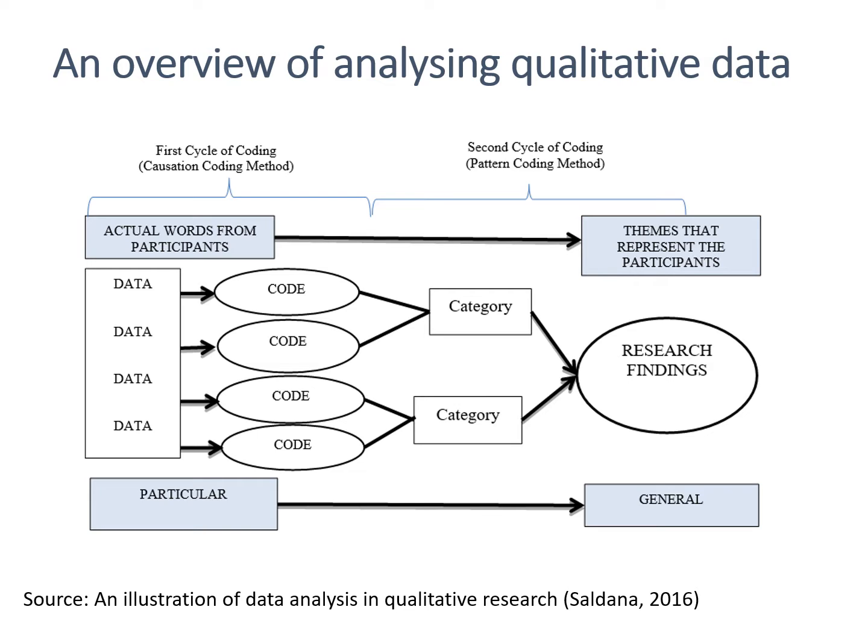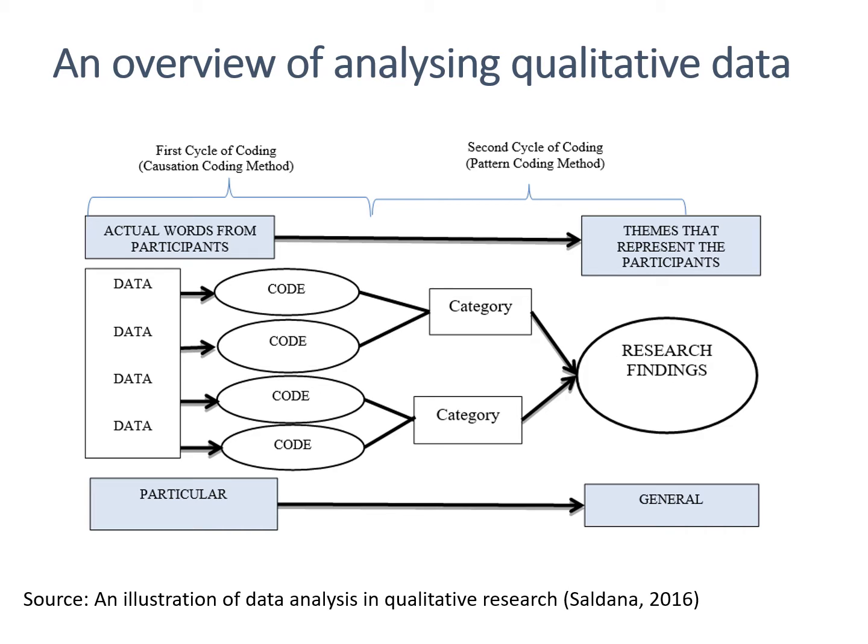And then the researcher needs to do the first cycle of coding. In this first cycle of coding, the role of the researcher is to read the data and code the data into similar characteristics. And then from the codes, the researcher needs to go through another cycle of coding, which is called the second cycle of coding.